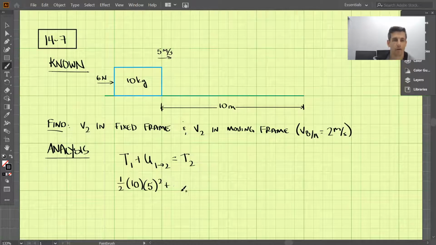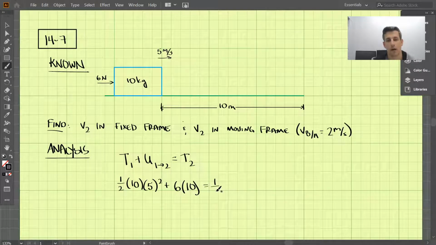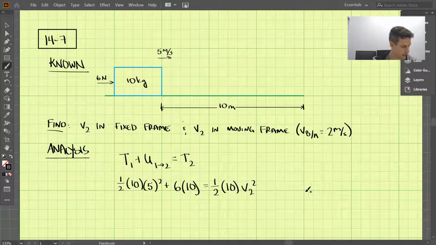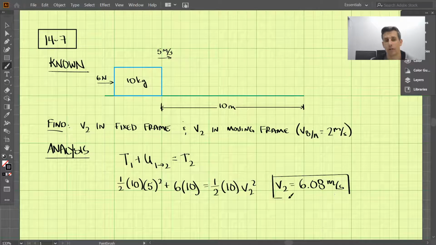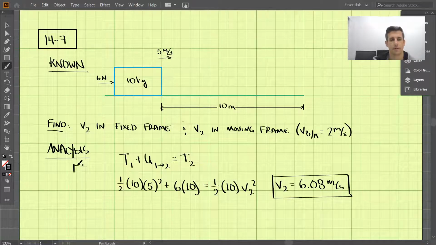And the work being done is the 6 newtons over the 10 meters, so that's 6 times 10. That equals the kinetic energy at state 2, 1/2 times 10, the mass doesn't change, times V2 squared. Solving this, V2 is equal to 6.08 meters per second.